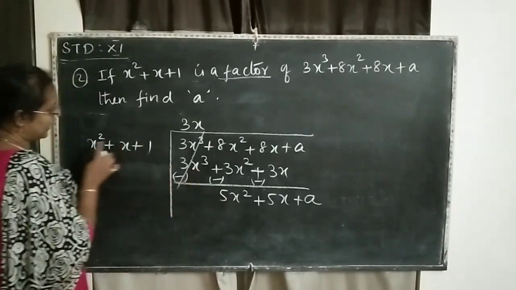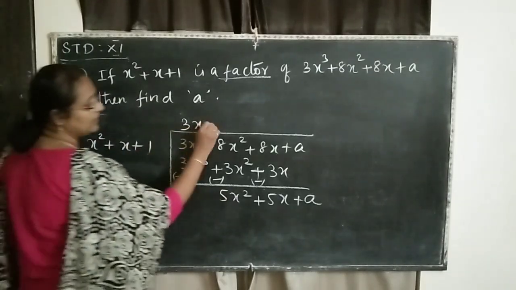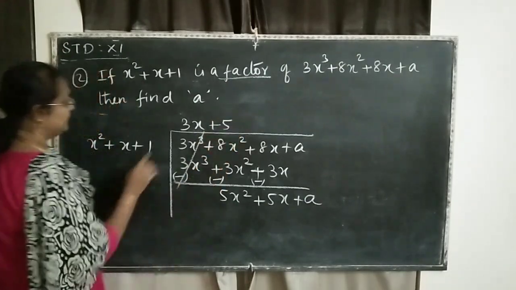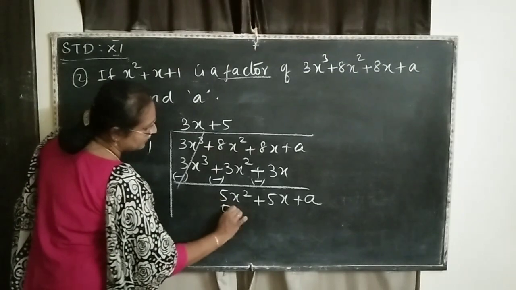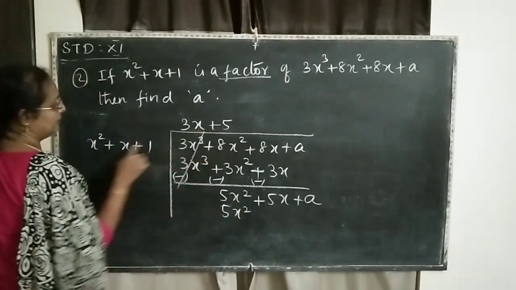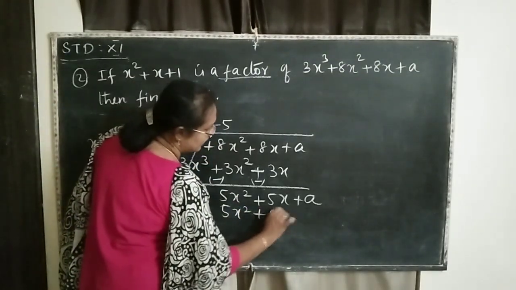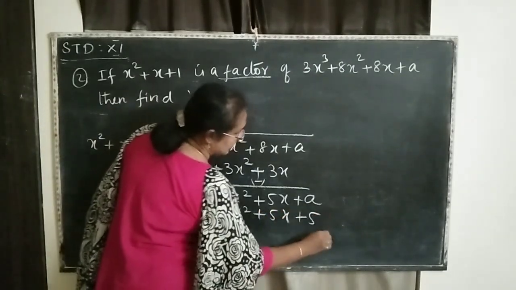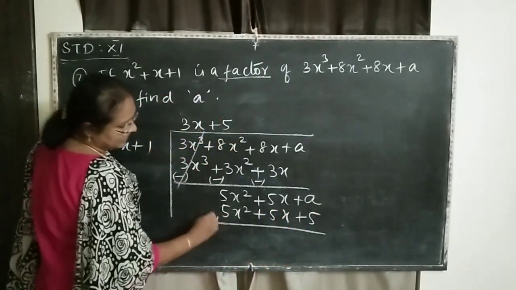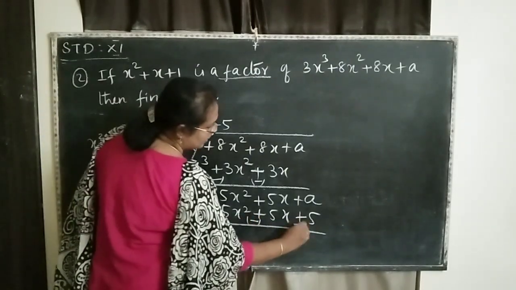So I need 5x squared. So this has to be multiplied by what? 5. So now multiply and see. Plus 5 into x squared is 5x squared. 5 into x is plus 5x. Again 5 into 1 is plus 5. Yes or no? Now change the sign.